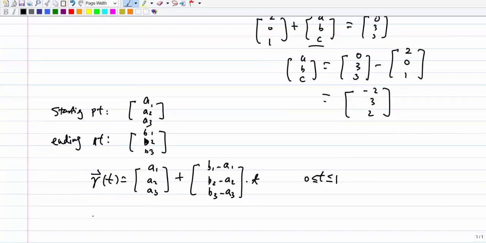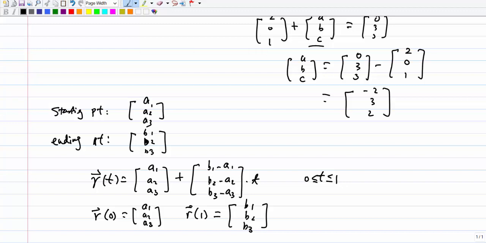You can easily verify that r(0) is just (A1, A2, A3), and r(1) is the sum of the two: A1 plus B1 minus A1 is B1, and the second component is just B2, and the third is B3. Because this is also a straight line, as I mentioned before, it represents a straight line.